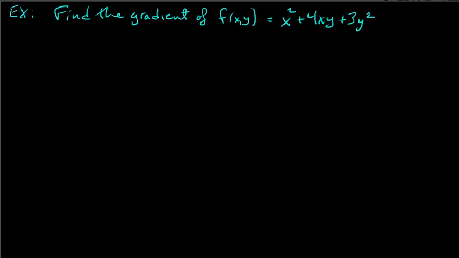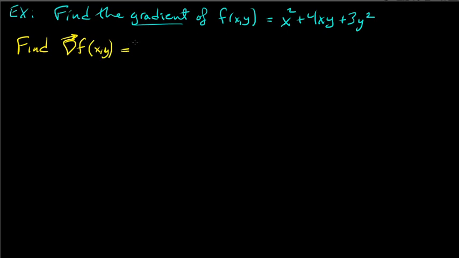Okay, so this function should look familiar: x squared plus 4xy plus 3y squared. We used that to calculate the directional derivative. But now we just want to calculate the gradient of this function. In fact, the question could just say, find the gradient of f. So you should know what this symbol means.